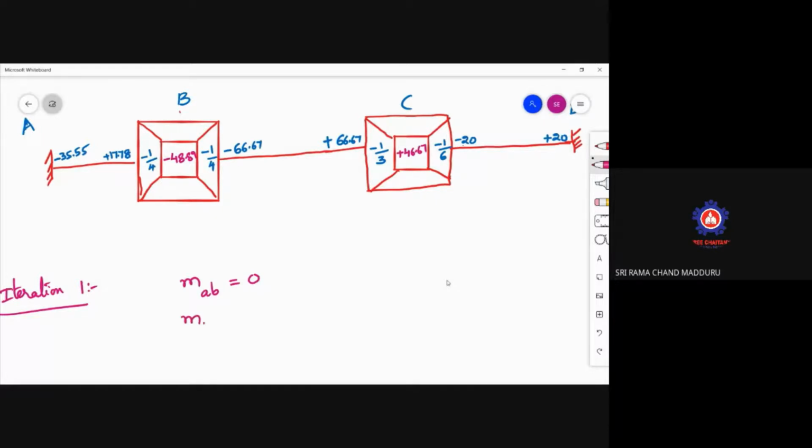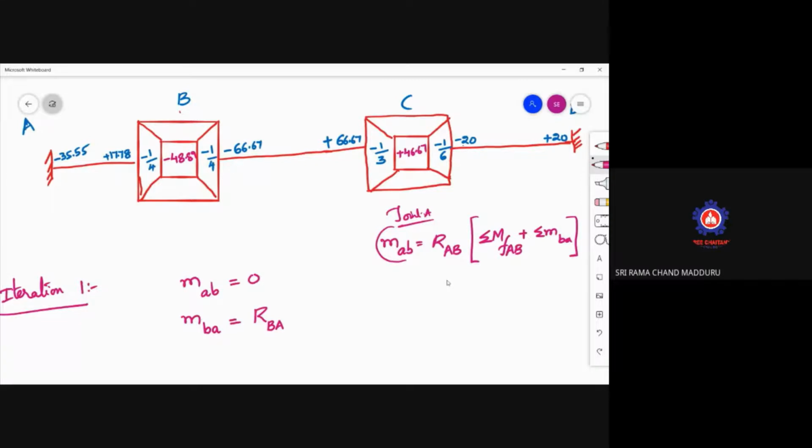Now MBA is nothing but the rotational factor of BA. So go to the formula we have derived. MAB is equal to RAB, the rotational factor of AB, into sigma MFAB, that is at joint A, plus sigma MBA.